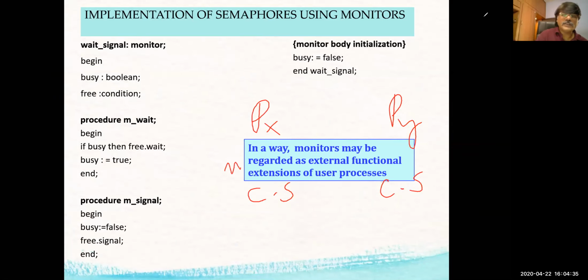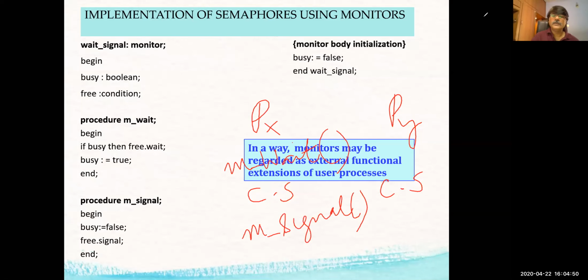If process X wants to enter, like in semaphores it should use wait, but now it is using the mWait function of the monitor. When process X comes out of the critical section, it should invoke signal in semaphores, but here we are using the mSignal public function of the monitor. Similarly, PY also has to use the mWait public function of the monitor, and after coming out of the critical section, should invoke the function mSignal of the monitor.